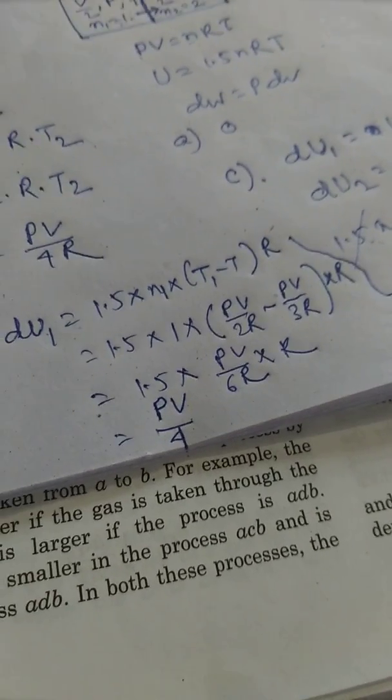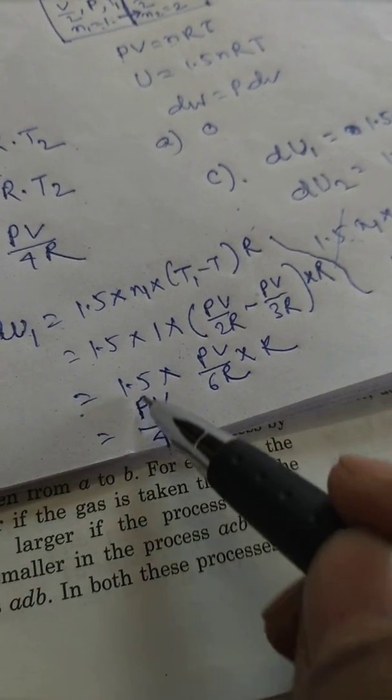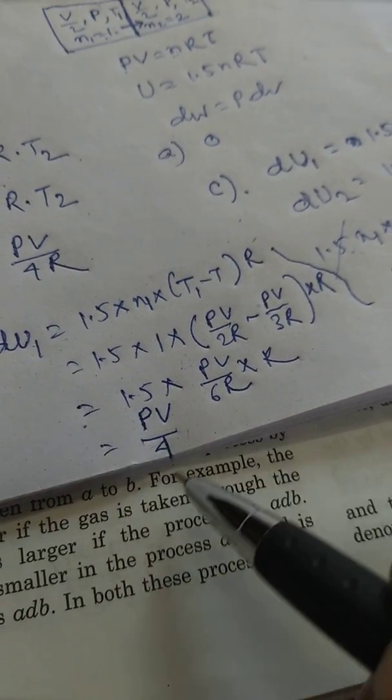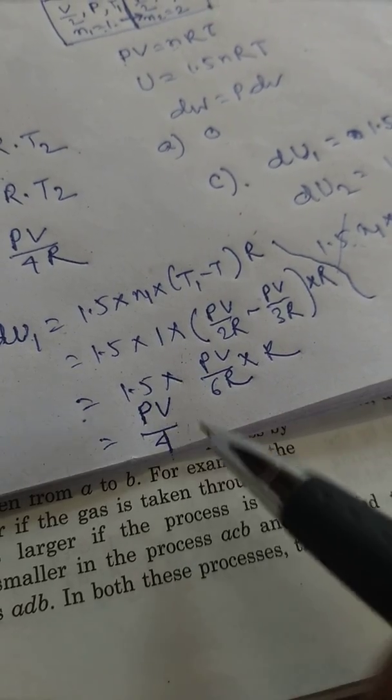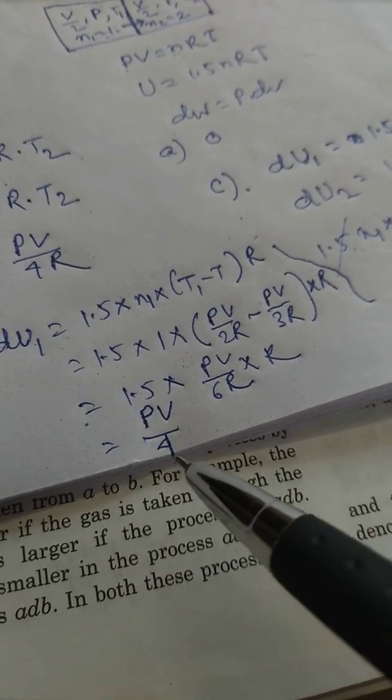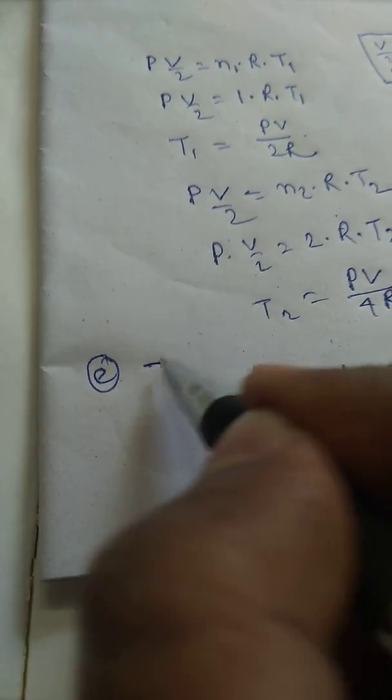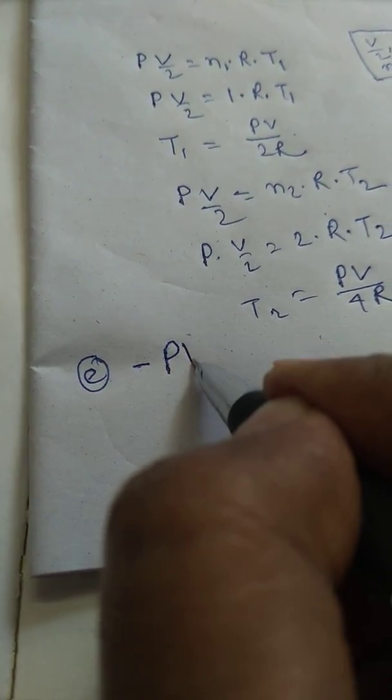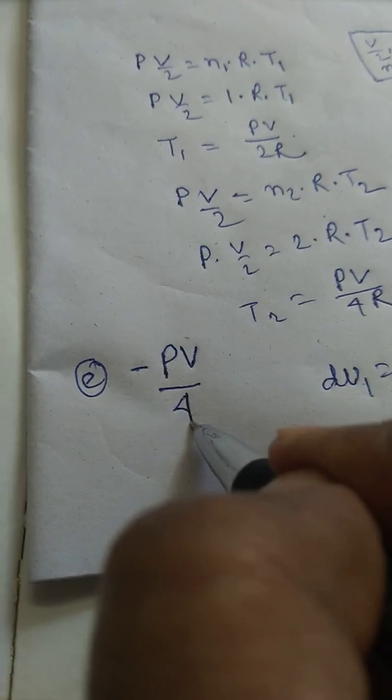How much internal energy has it lost? Its value is PV by 4. So if they are asking what is the increase, the increase is negative because it has decreased. So the answer for E part is equal to the loss of internal energy. That is, the increase in internal energy is minus PV by 4.